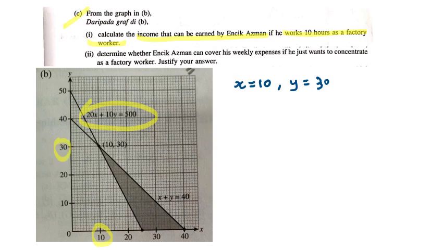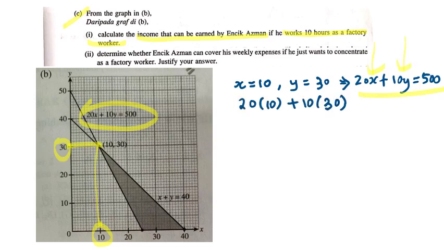You use this equation to find the income. You just substitute, and you will get 500. So the income is RM500.